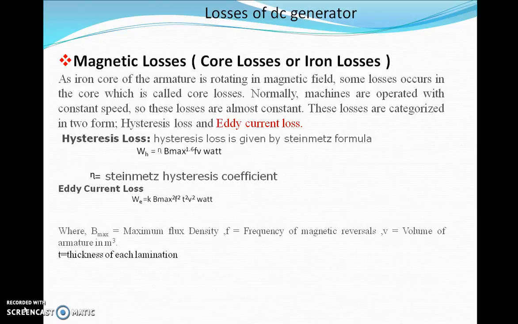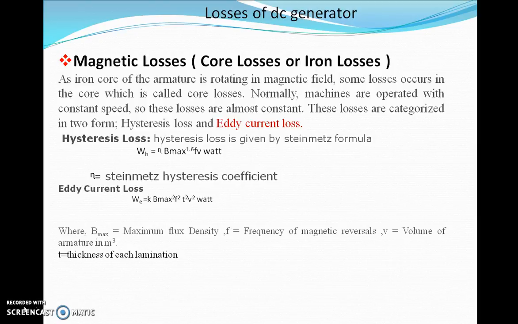Now consider the eddy current loss. When the armature core rotates, it also cuts the magnetic flux. Hence, an EMF is induced in the body of the core according to the laws of electromagnetic induction. This EMF, though small, sets up a large current in the body of the core due to its small resistance.